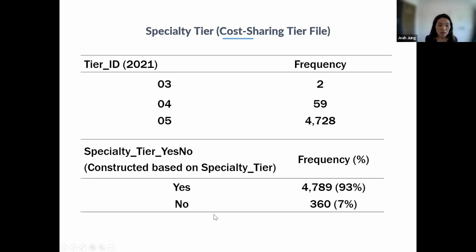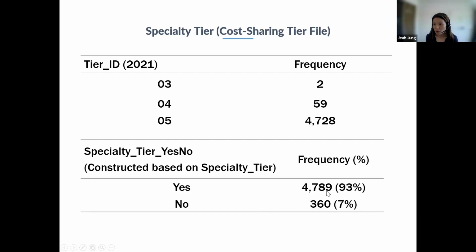Now, anyway, you can think, how many plans are actually using a specialty tier? In 2021, this is 2021 data, we found that about 93% of Part D plans had a specialty tier. This actually increased a lot. Before, I used the 2009 through 2013 data, and this wasn't the case.